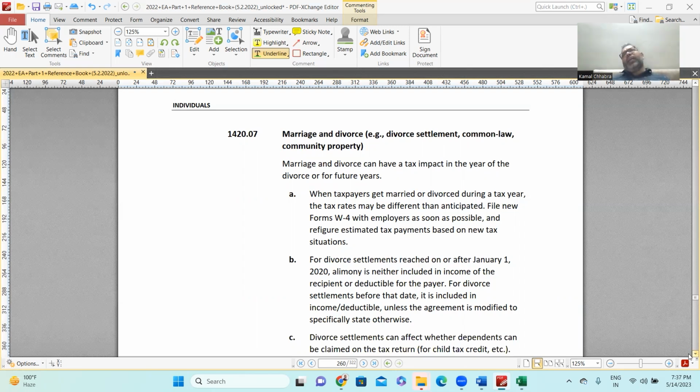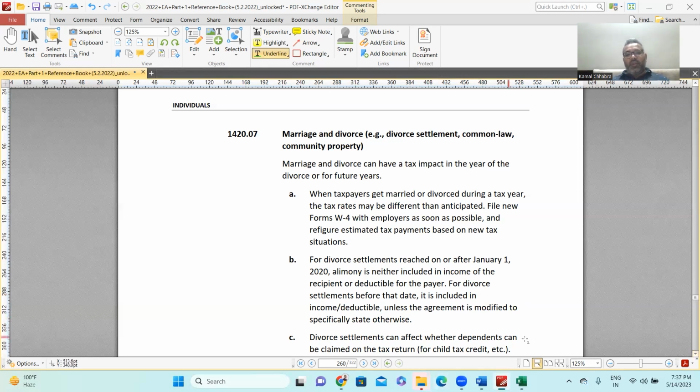That's one thing. And if alimony is received under a divorce decree dated before 15th December 2018, then it is considered income of the person who is receiving and an expense of the person who is paying. Whereas after 15 December 2018, no alimony is considered either as income or as an expense.